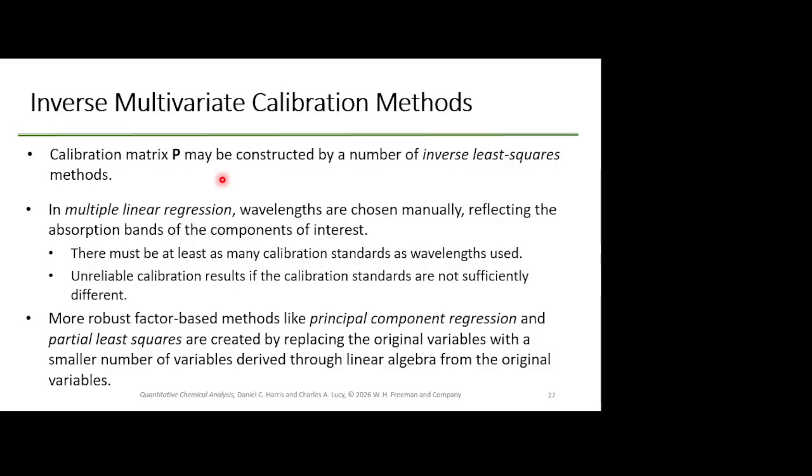You can stack together multiple linear regressions to construct this. If you use multiple linear regressions, the wavelengths are going to be chosen manually. They're going to reflect your absorption bands of the components of interest. This is most useful where, when you start isolating different components, they show significantly different bands than other components of that mixture.